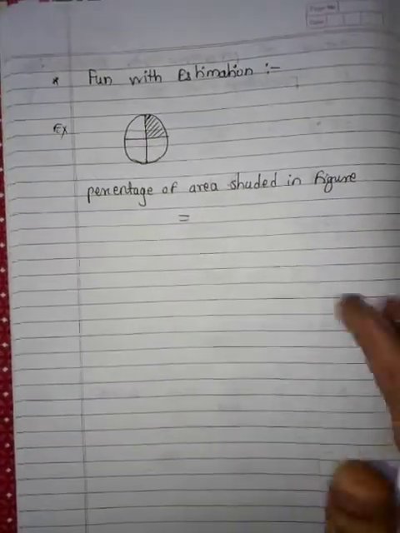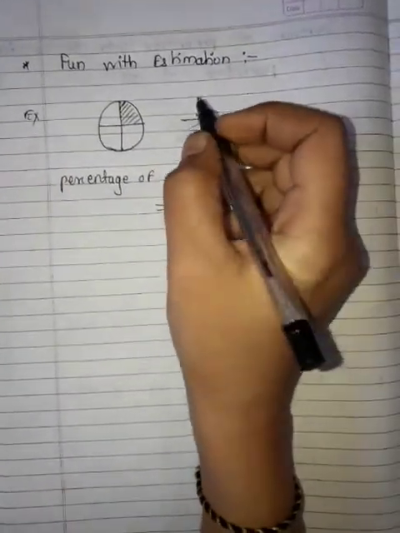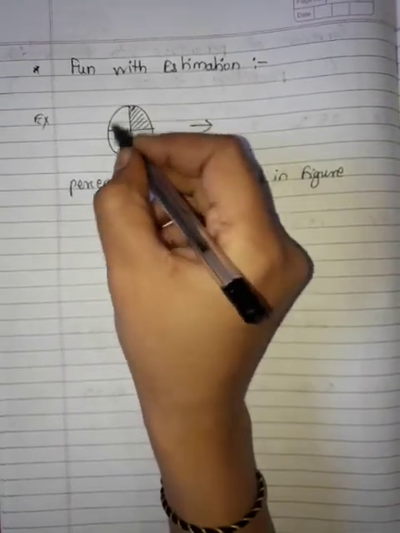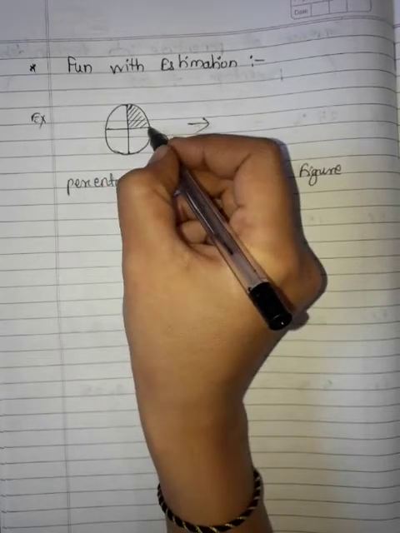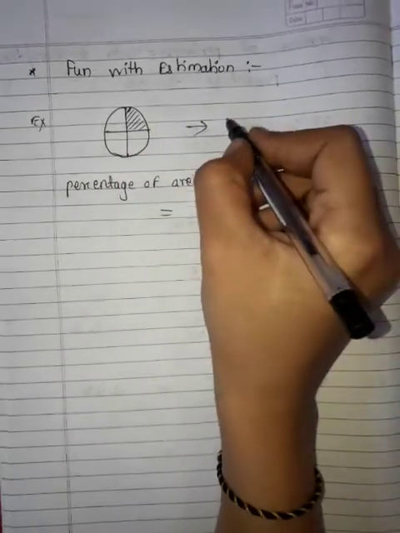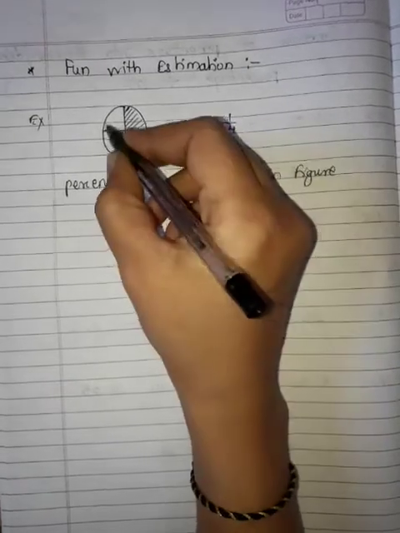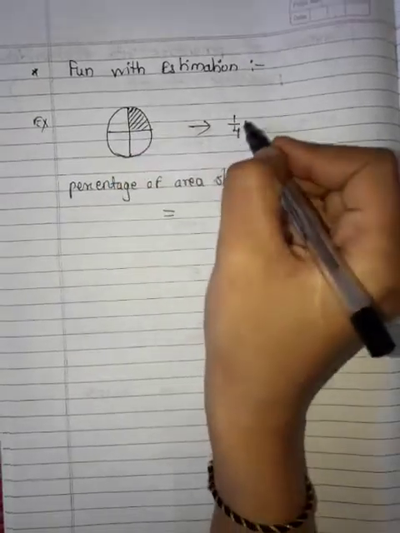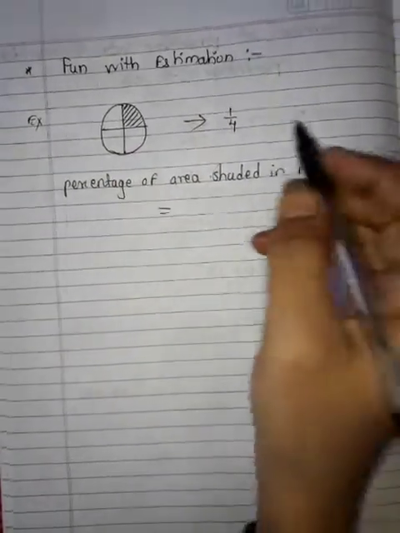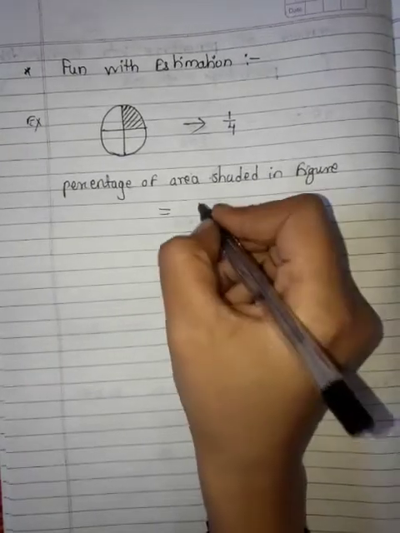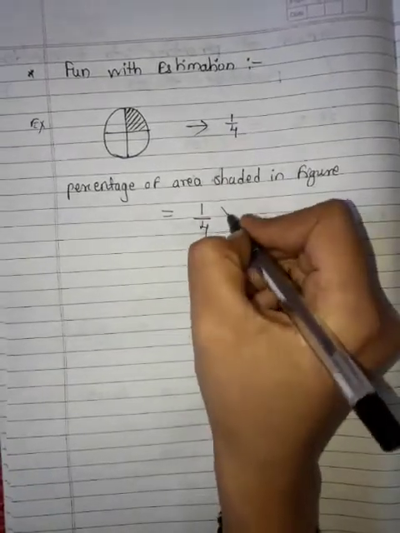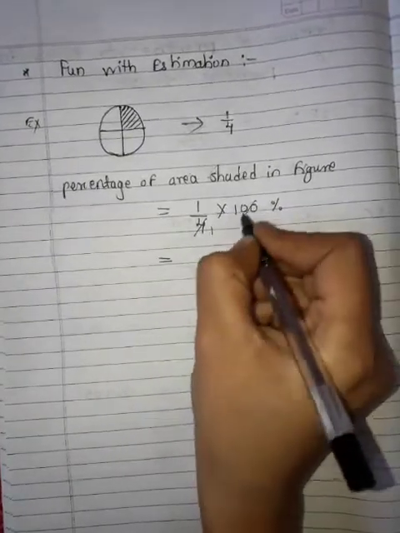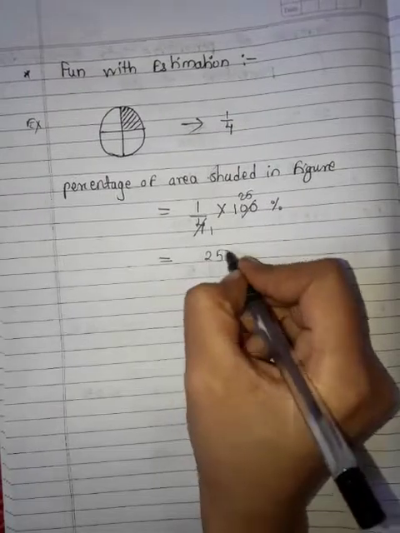Now to find that, first of all we see that this whole part is divided into 4 equal parts. So this shaded region represents 1 by 4, because out of 4 one part is shaded. Now we have to find its percentage. To find percentage we multiply it by 100. 25 ones are 25%.